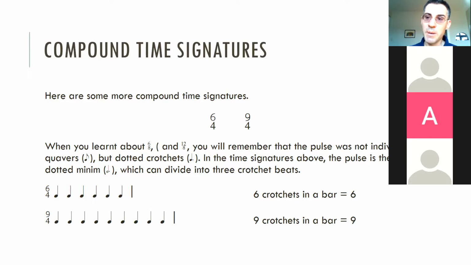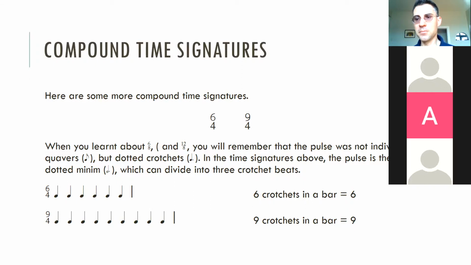is 4. You'll remember when we learned about compound time signatures, we learned that the pulse divides into 3. And in those time signatures, the pulse was a dotted crotchet. Now we're dealing with a different pulse. So the bottom number, who can tell me if we've got a bottom number 4, what are we dealing with in terms of pulses?